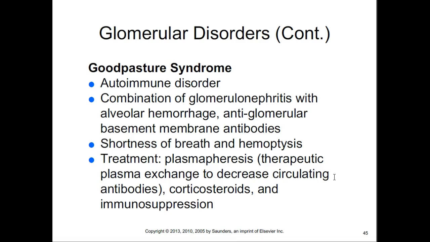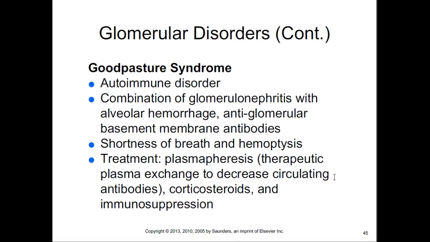So Goodpasture syndrome is the autoimmune disorder where you have antibodies in the blood, right, that are basically going to attack the glomerulus, right? So it's basically glomerulonephritis with alveolar hemorrhage, antiglomerular basement membrane antibodies. Okay, so those antibodies are going to attack the basement membrane of the glomerulus. So you might see shortness of breath and hemoptysis as two very common clinical manifestations.